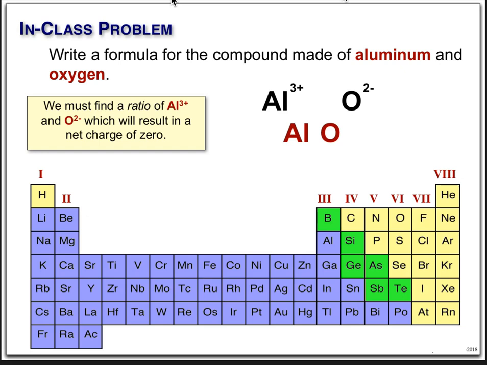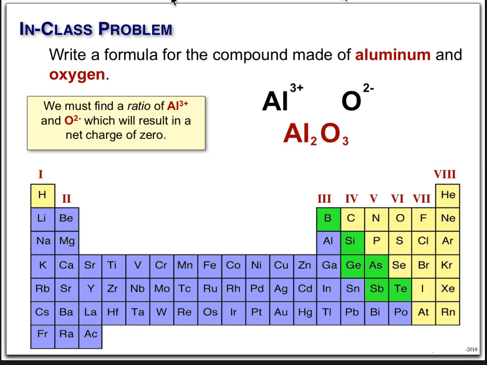The 3 from the aluminum is going to transfer down to the oxygen. The 2 from the oxygen will transfer down to the aluminum. So it's a simple crisscross. Crisscross symmetry. 3, 3, 2, 2.